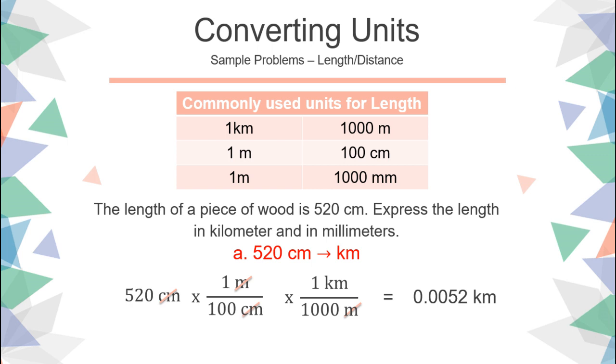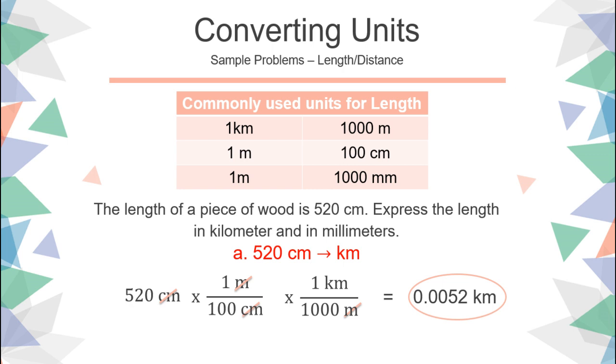And by the way, when our answers are decimals, meaning there is no whole number part, please make sure to affix 0 before the decimal point. I will not accept it if there is no 0 before the decimal point.